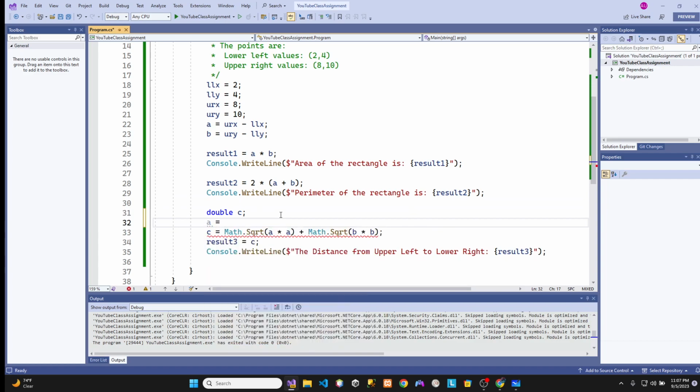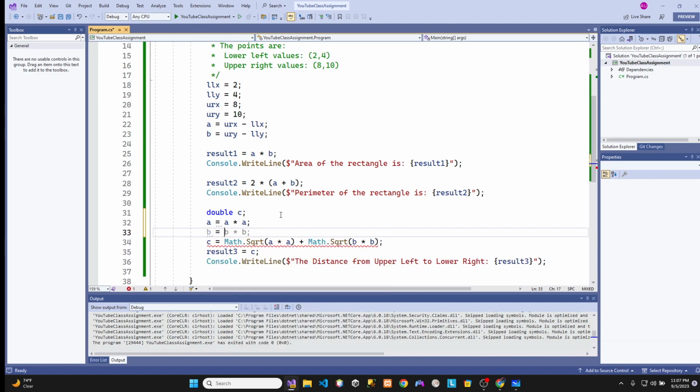A equals A times A. B equals B times B. Oops. And oops. And instead of here, I'll say C and D. This is going to be result 3.